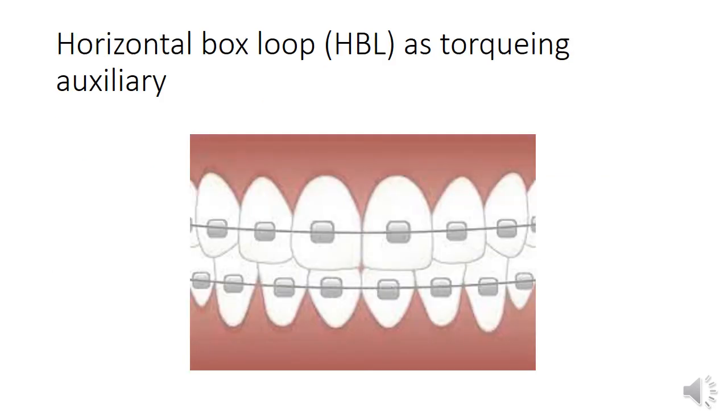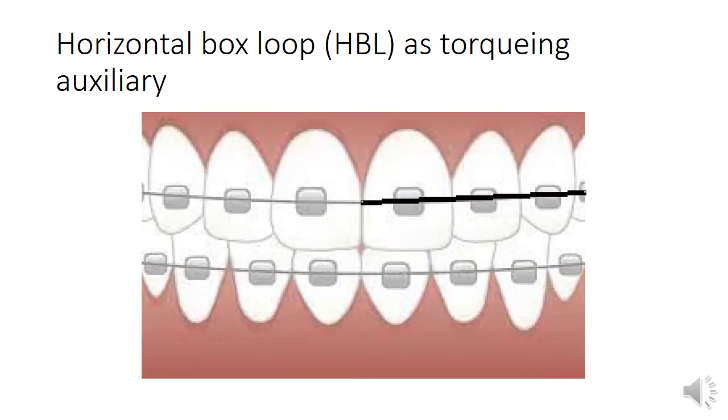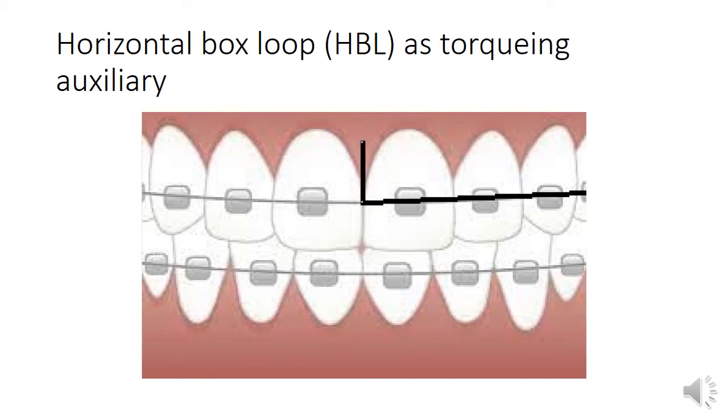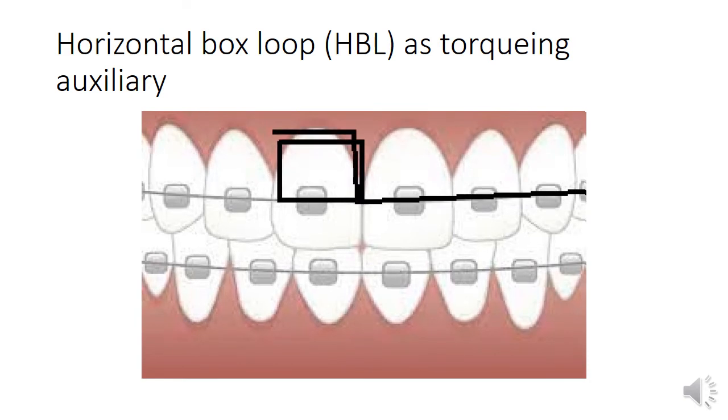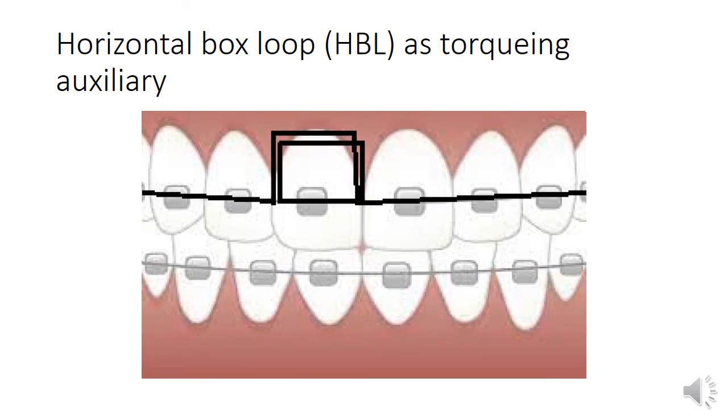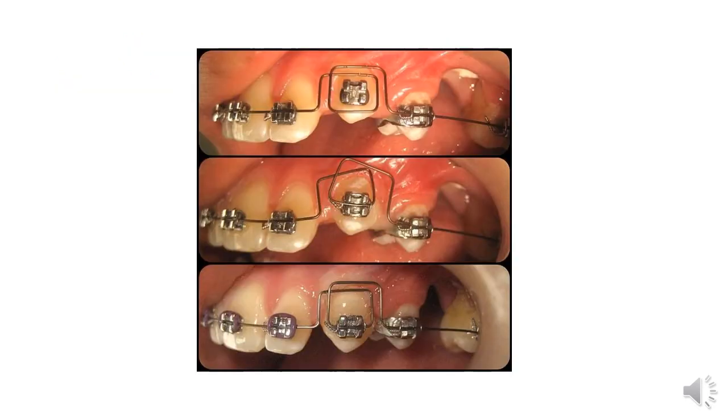Let's see how it is made. As the name suggests, it is formed like a box like this. It goes up, then horizontally, and then down, and again horizontally crosses the bracket slot, and up again, and it's made like a box. As you can see, the box loop is usually made perpendicular to the line of occlusion.